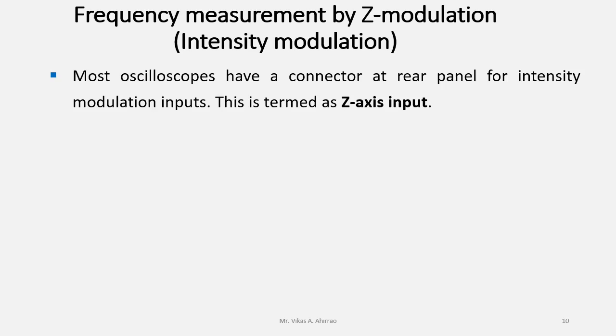Most of the oscilloscopes are having a connector at the rear panel for the intensity modulation inputs. This is called as the Z-axis input.